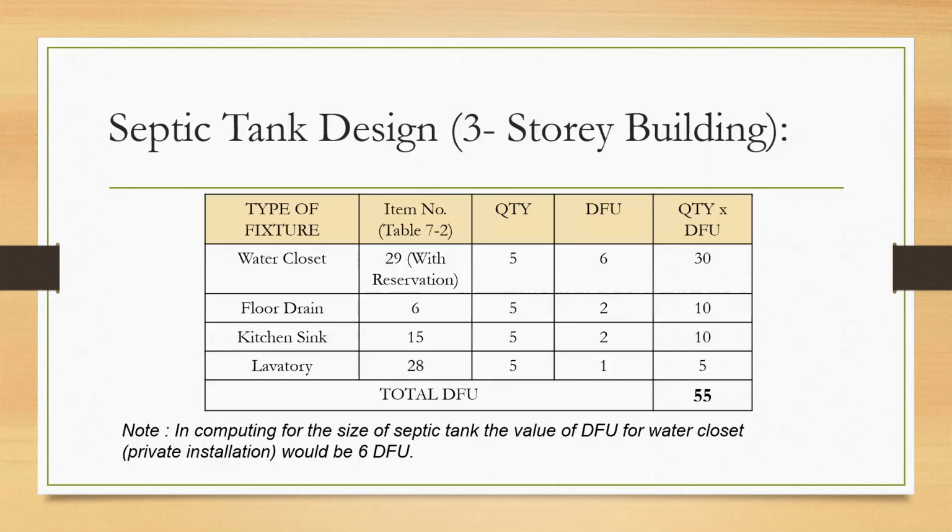So punta na po tayo sa ating septic tank design. Sa ating 3-story building. So itatabulate ko lang po yung ating for the first column. Nandiyan po yung type of fixture. Now, ang ginawa ko pala rito is that dinagdag ko yung lavatory para medyo lumagpas tayo dun sa 6 cubic meters, which is meron pong requirement yung code, no, para matackle po natin yung code.